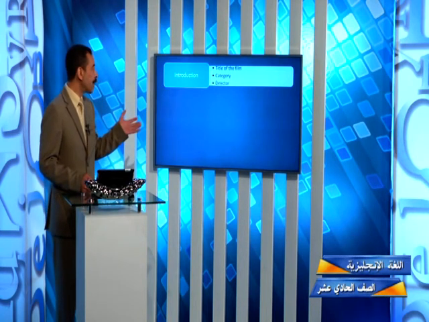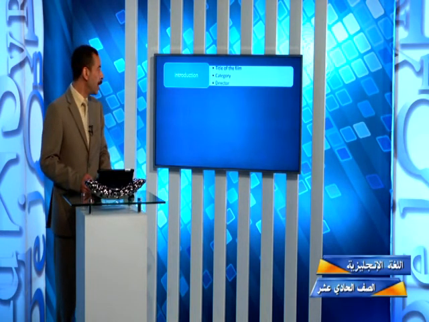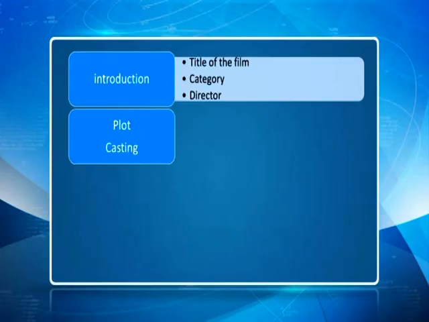And then after the introduction, you can move to the body of your review. Now, in the body, you can talk about the plot and the casting, because the plot takes a lot of space and time. You need to describe the story, that is, main events of the film.